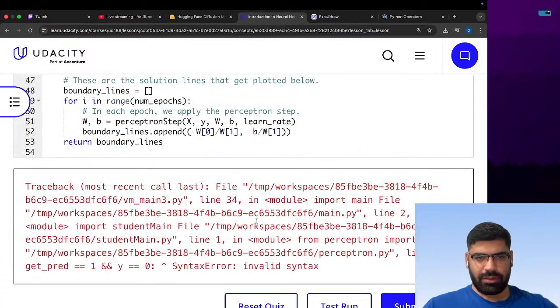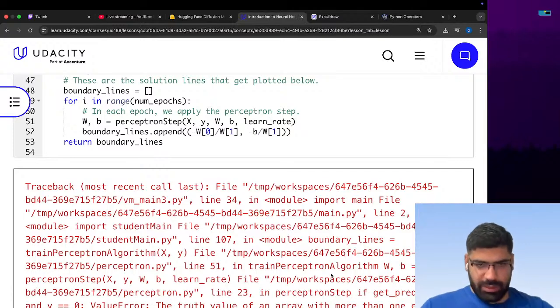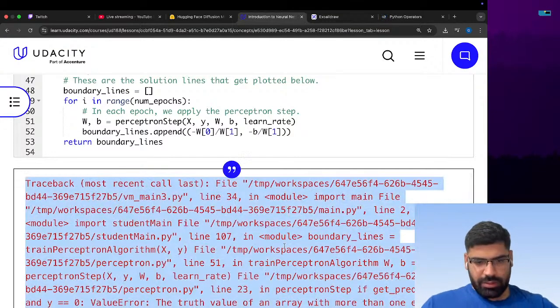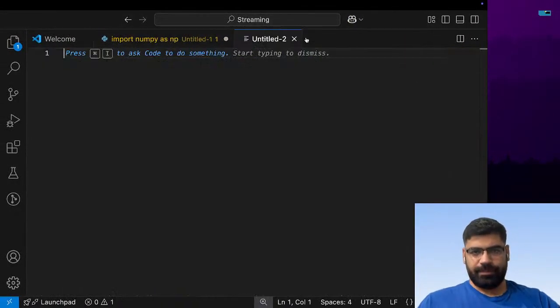Okay. I think we have to go through it properly in this case. What is it saying?